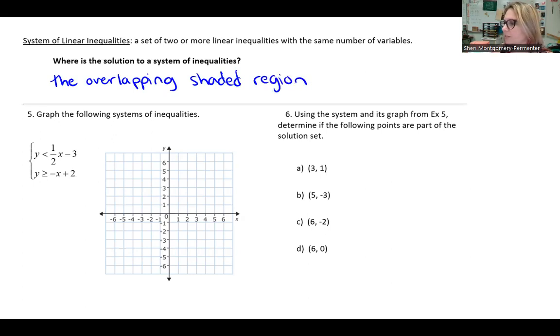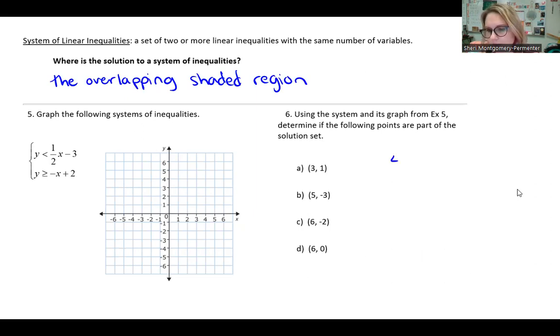A couple of things that we need to remember when we're graphing lines: whether or not we make them solid or dashed. We will have solid lines when we have a line underneath the inequality symbol. I'll put some notes in this little space right here, because we don't need a whole lot of space to answer that question.